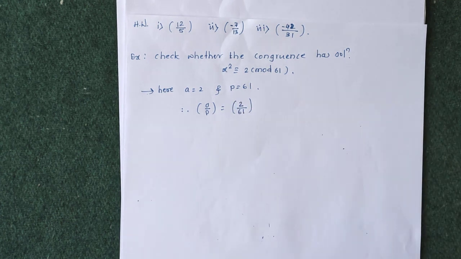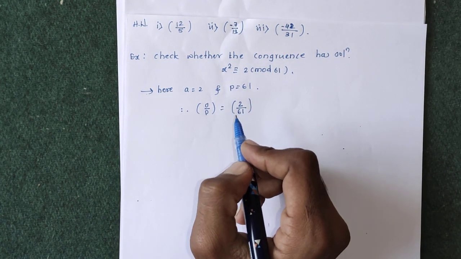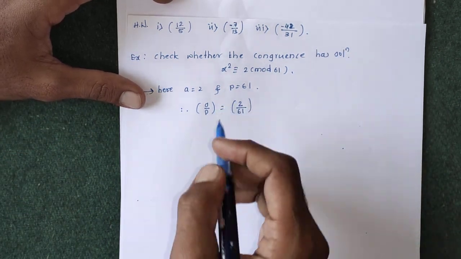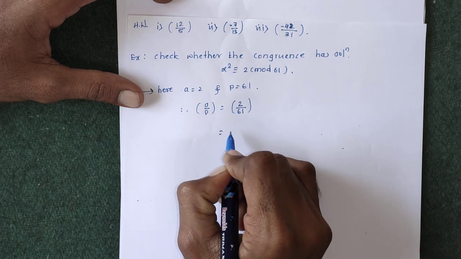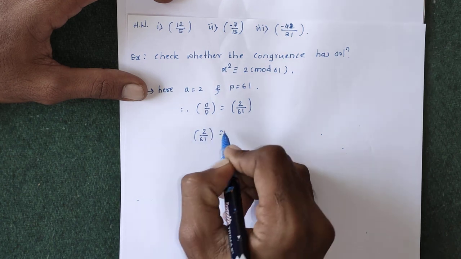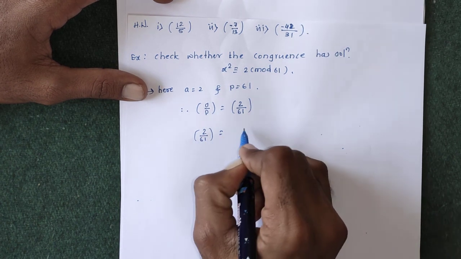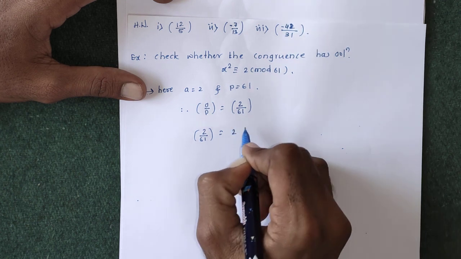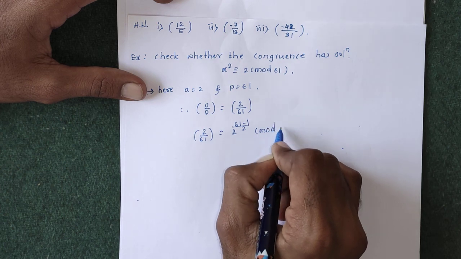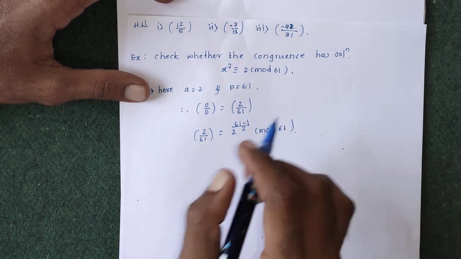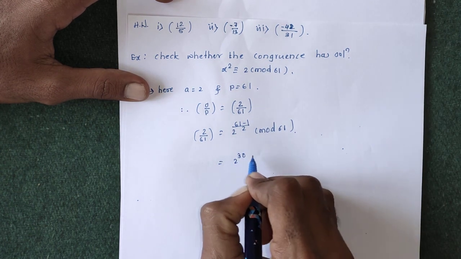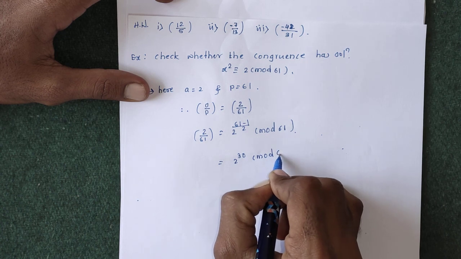Since here A is equal to 2, which is a very small number, I will use the first property: the Legendre symbol of A and P is equal to A raised to P minus 1 by 2 under modulo P, that is 61 minus 1 by 2 under modulo 61. 61 minus 1 is 60, by 2 is 30. So 2 raised to 30 under modulo 61.